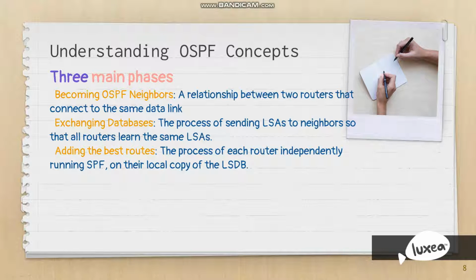Next, exchanging databases, the process of sending LSAs to neighbors so that all routers learn the same LSAs. Next, adding the best routes, the process of each router independently running SPF on their local copy of the LSDB.